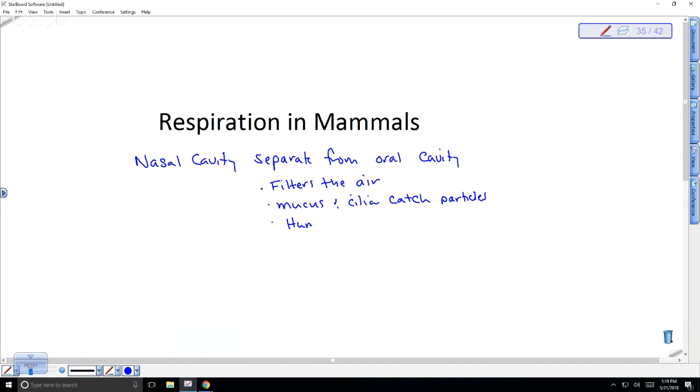It also humidifies the air. So if you breathe through your mouth, you're going to lose more water out. You're going to breathe more water vapor out. So when you're sitting in a car, for example, in the winter, and your windows fog up, that is moisture from your respiratory surface.